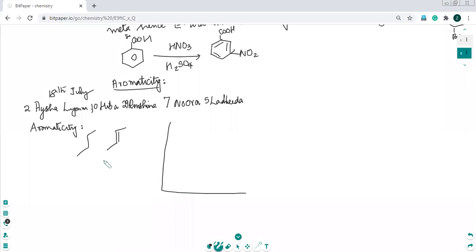The energy of a single bonded compound is lower than the energy of a double bonded compound. So if this is the level of the single bonded compound, the energy of this molecule, then this will be the energy of this molecule.